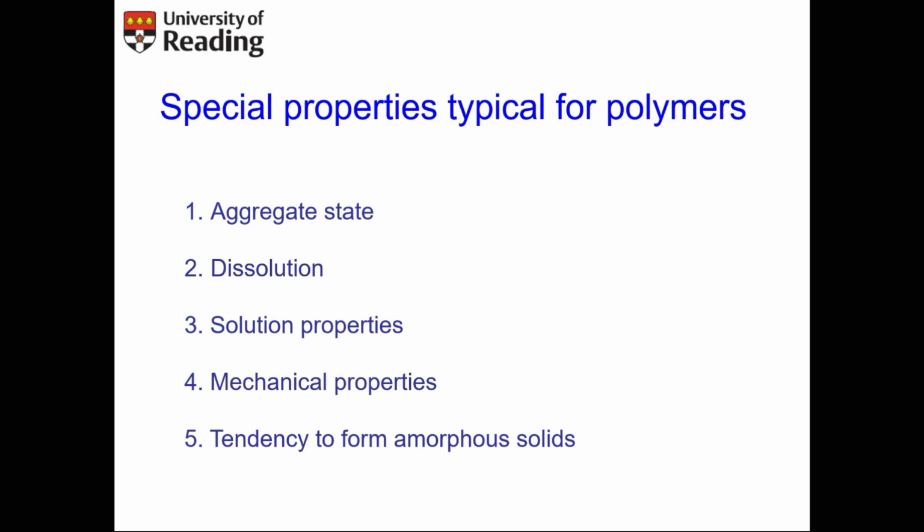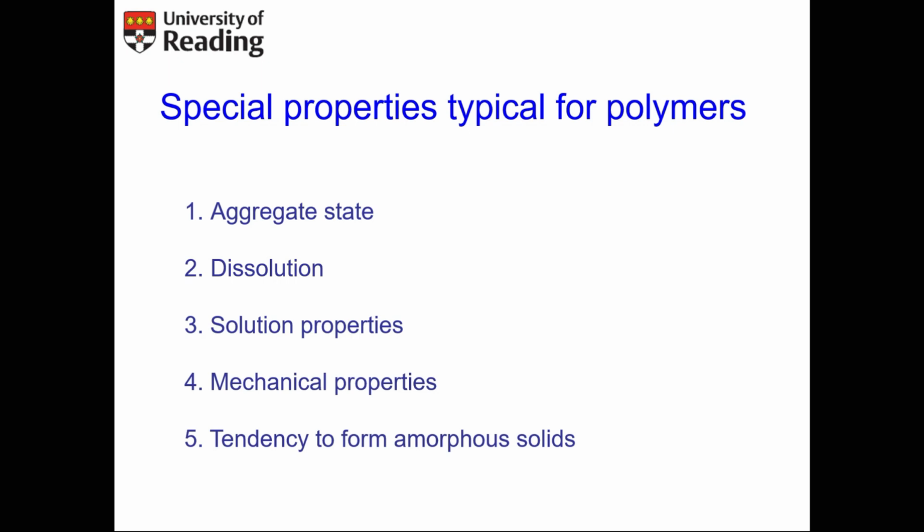You're familiar with many plastic materials, especially rubber, and you are familiar with the ability of rubber and even other plastics to undergo so-called reversible deformations. So we could stretch samples of polymers when we apply force, but once we remove this force, they could come back to their initial state. And this mechanical property is quite unique for polymers.